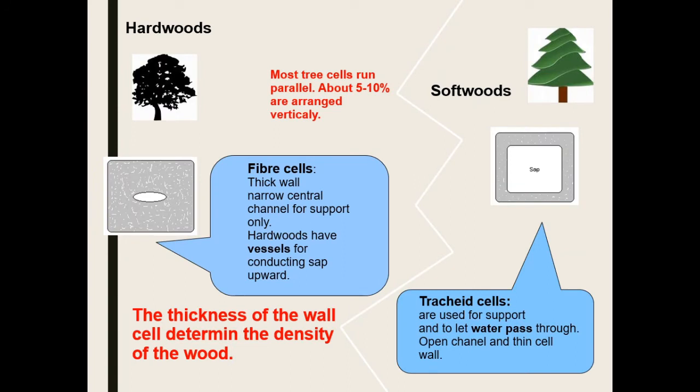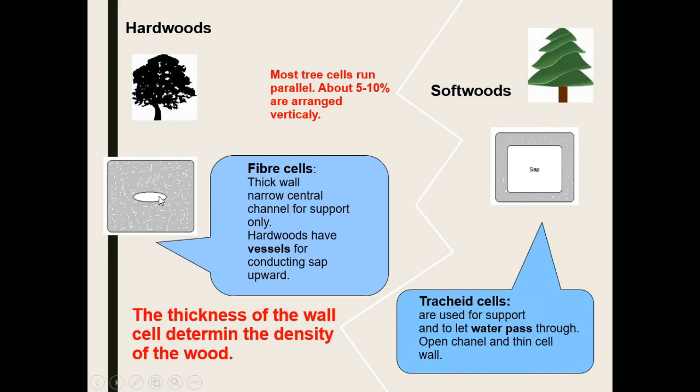So the reason why hardwood and softwood differ, apart from just coming from different kinds of trees, is to do with the cell structure inside the tree itself. With hardwoods, if you look on the left hand side here, this is the cell structure within it, so it's quite thick. The sap is the white bit in the middle, so it's thick walls with narrow centers.